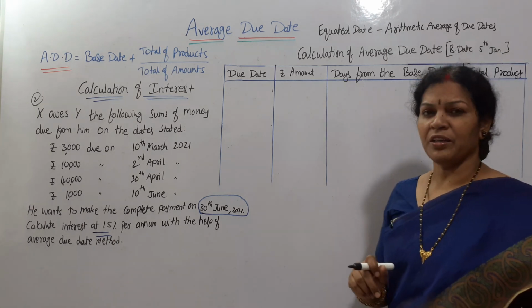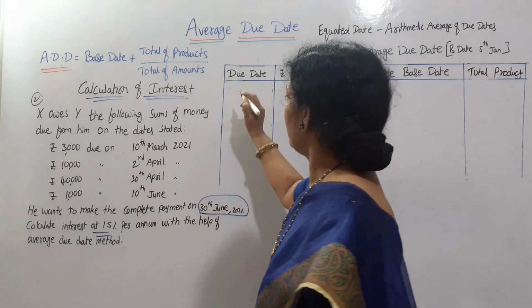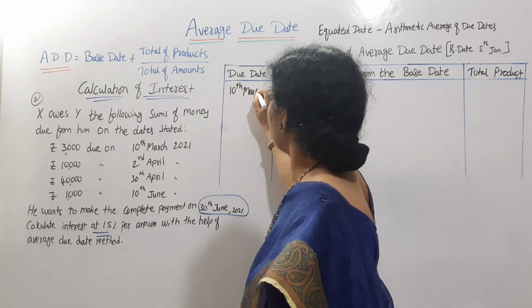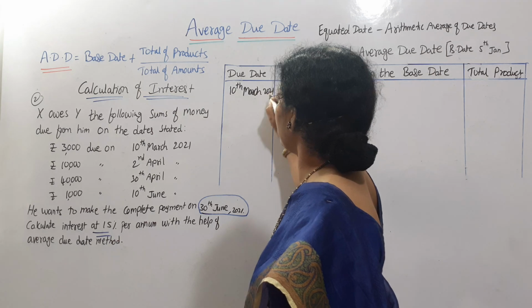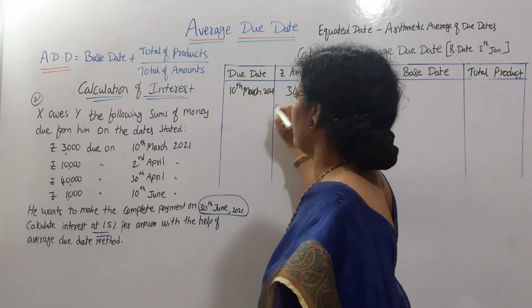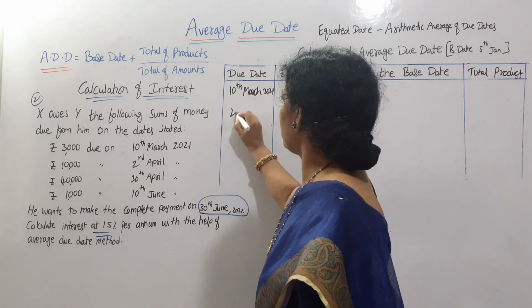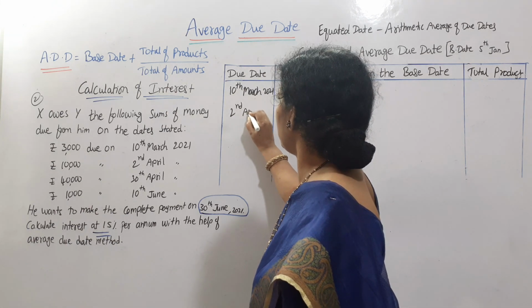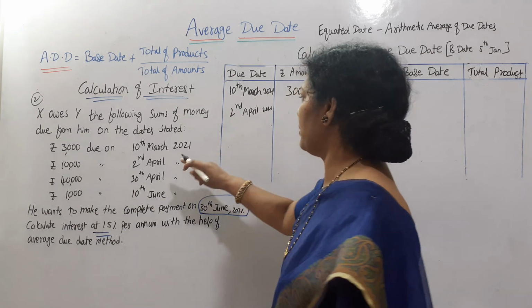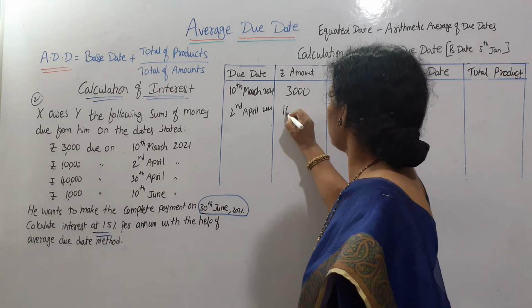So first we will write the due date. Due date is 10th March 2021, the amount is 3,000. Next 2nd April 2021, 10,000.